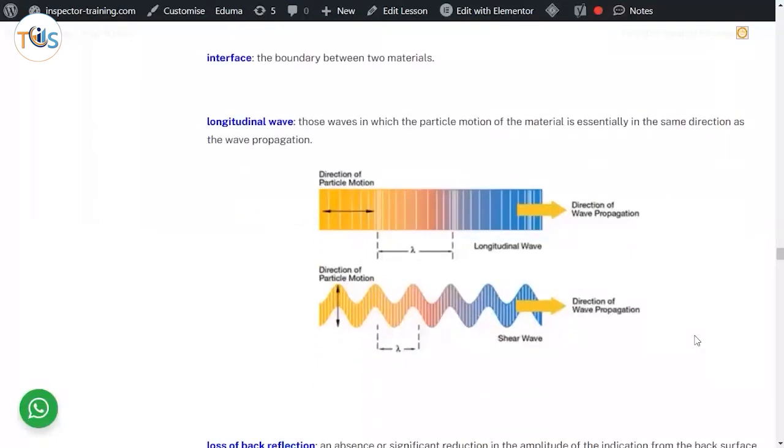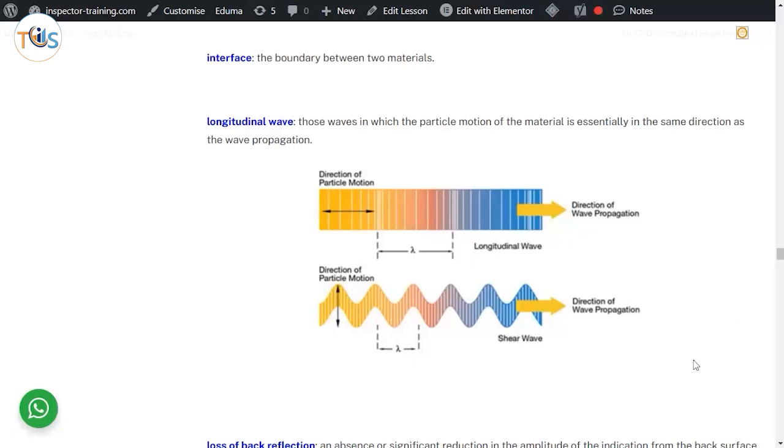Interface is a boundary between two materials. Longitudinal wave: we have basically two types of wave, longitudinal and shear wave. As you can see, the longitudinal wave expands and contracts along the direction that it's traveling. So that's called a longitudinal wave.